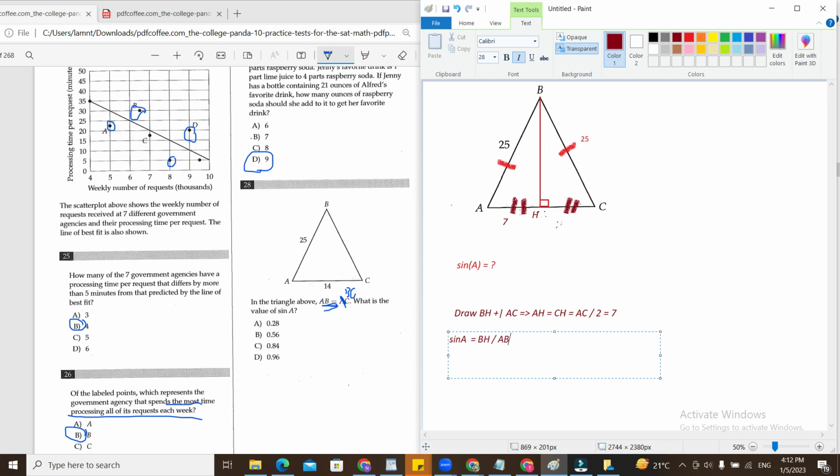So BH is the square root of AB squared minus AH squared, because AHB is a right triangle. AB is 25, so 25 squared minus 7 squared, over AB, which is 25 again. We're going to calculate this and find sine A.